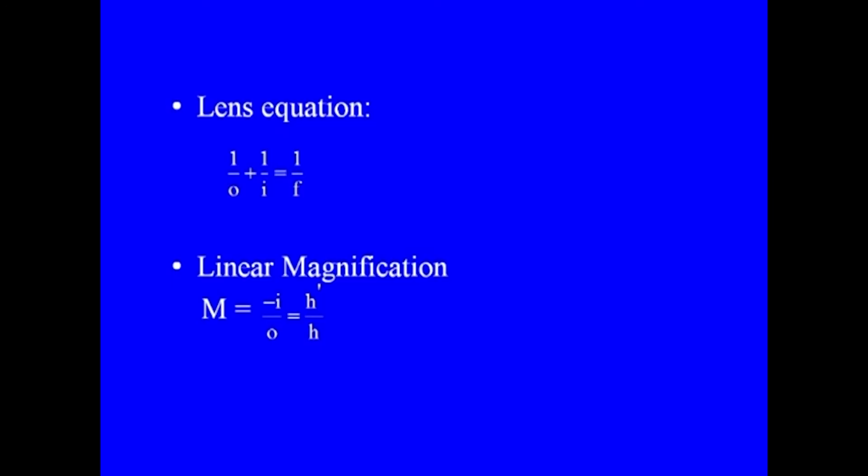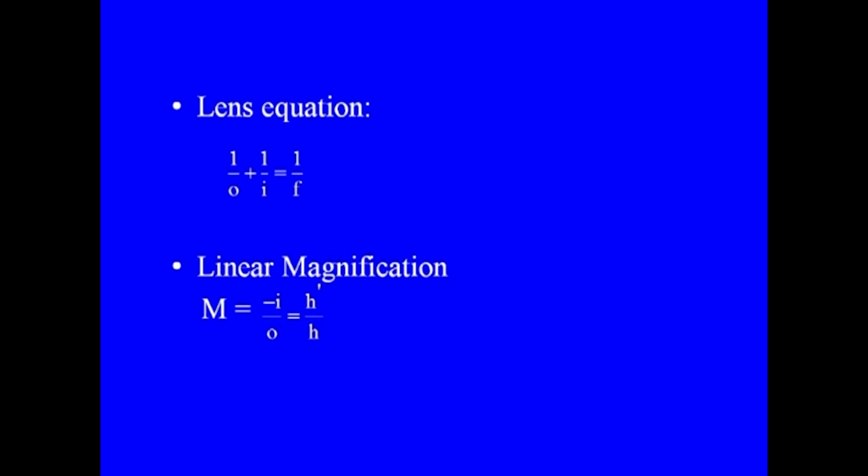Now, this whole thing could be explained, or you can say the image distance, object distance and focal length can be related by a simple Gaussian form of the lens equation, which is 1/O + 1/I = 1/f, where O is object distance, I is image distance and f is focal length of the lens.